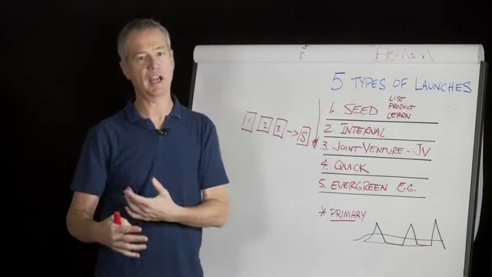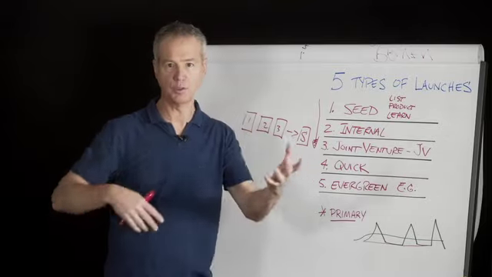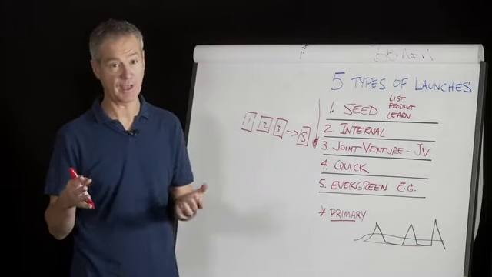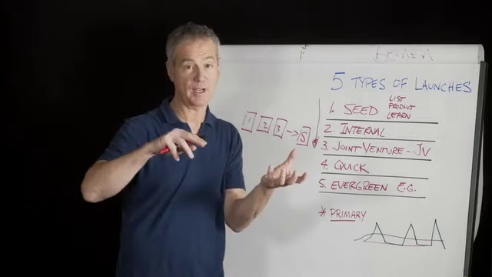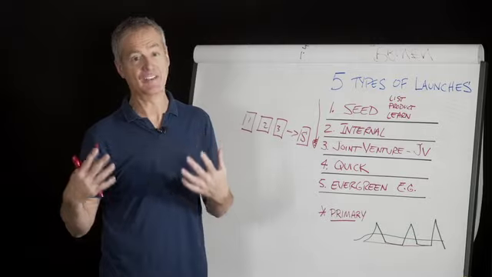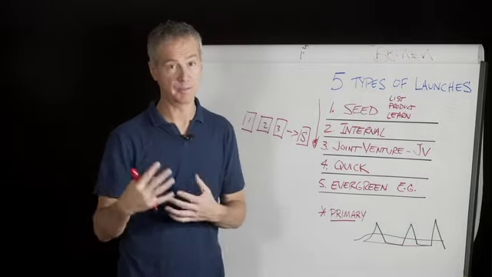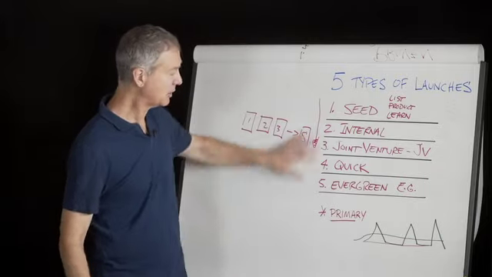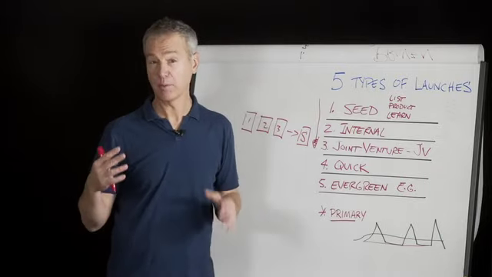If you're running advertising, whether it's on Facebook or Google or Instagram or wherever, now you can run paid traffic into your evergreen and get consistent results. That's a great way to build your list and build your business in a super sustained way. So these are the 5 primary types.